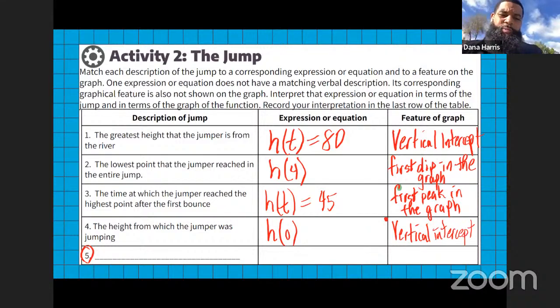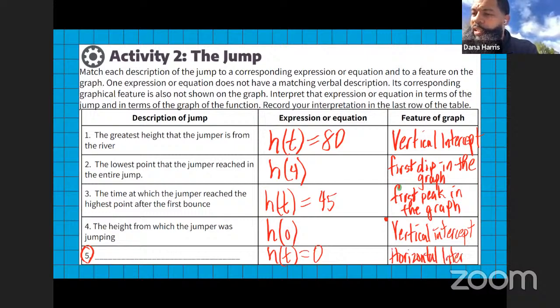All right, and then last but not least, we haven't used this equation right here: h of t equals 0. Well, when h of t equals 0, so when the height is 0, they're back on the x-axis, right? So this is what we call the horizontal intercept, or the x-intercept.